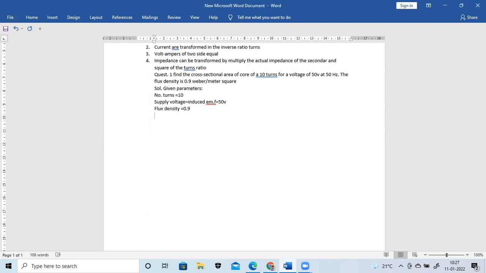Any other parameters given in the problem, except number of turns, supply voltage and flux density? Frequency equal to 50 hertz. You can put this type at overall.